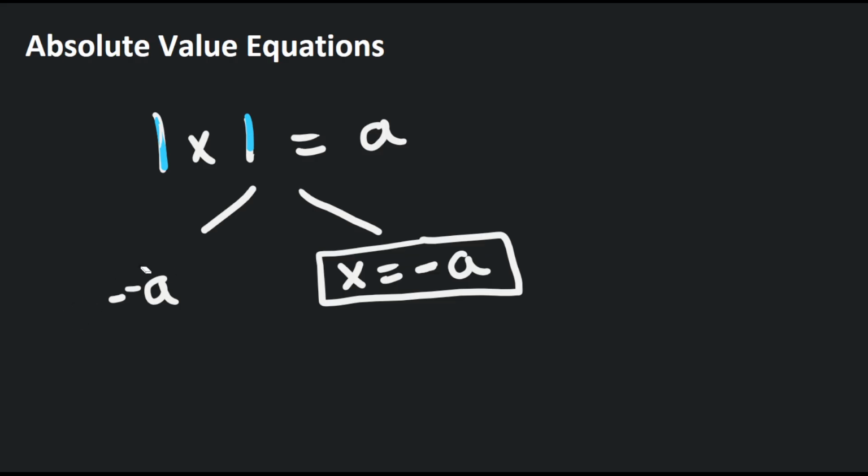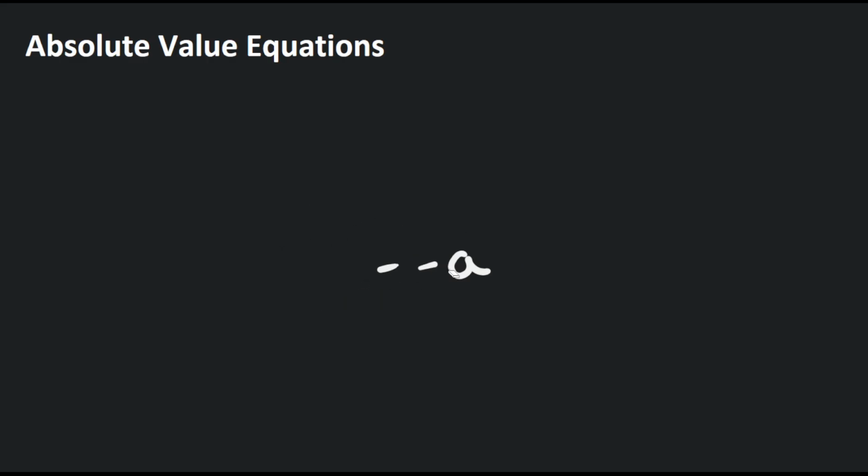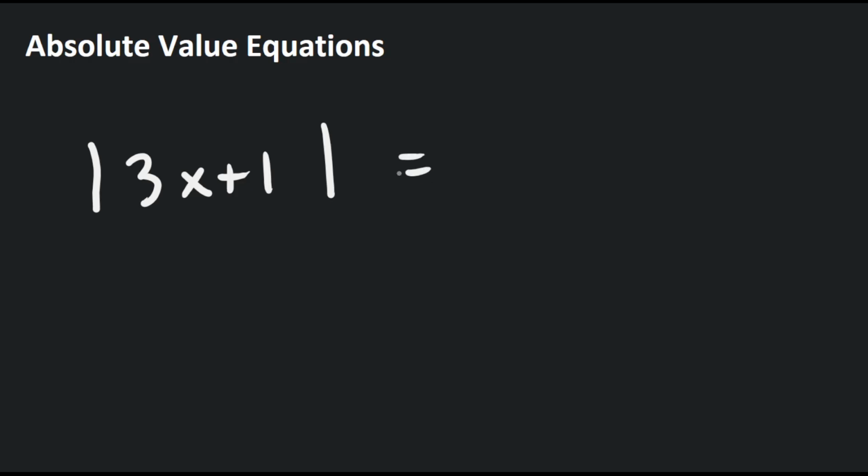So let's go through an example together of a more complicated absolute value equation. Let's say we had the absolute value of 3x plus 1 equals 10. Okay, so we have these absolute value bars over here. Now how do we drop them?